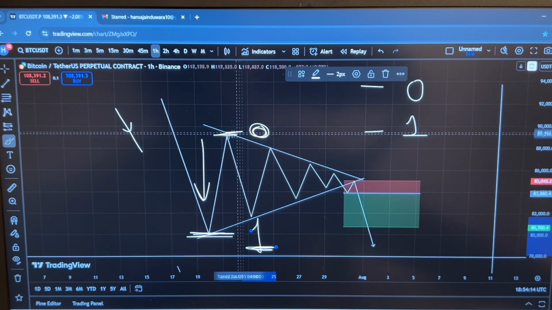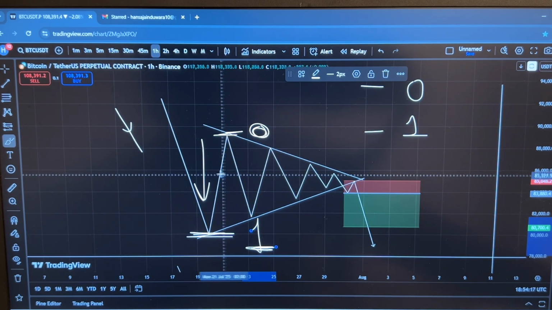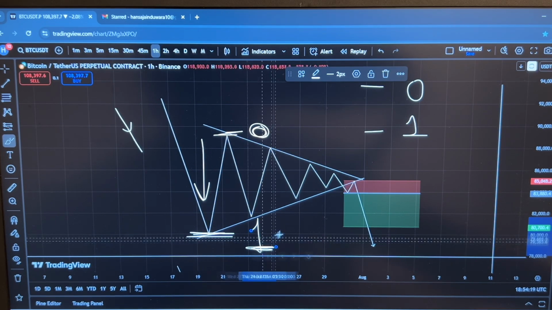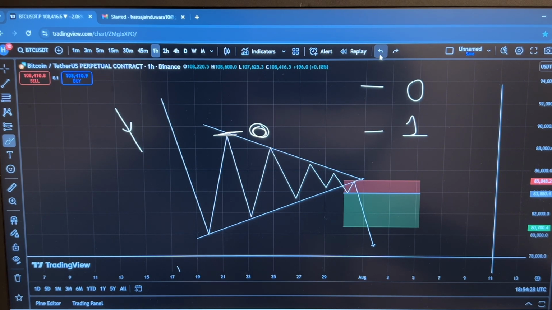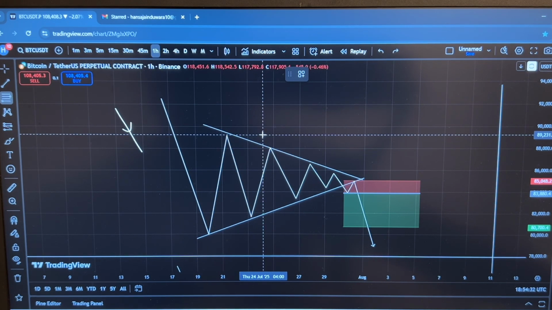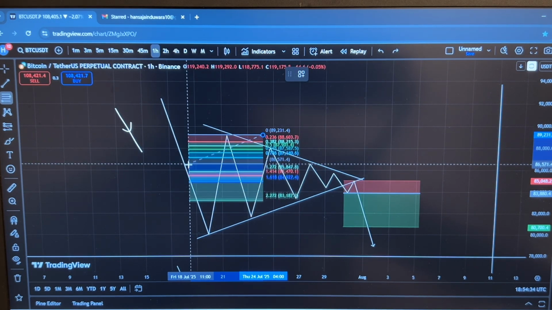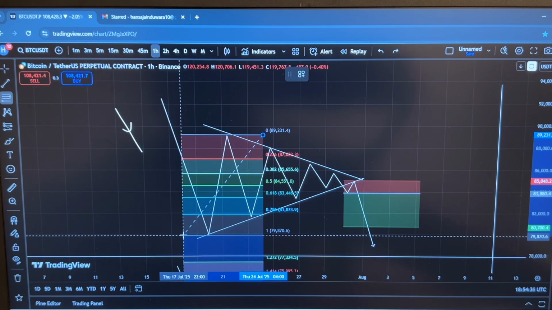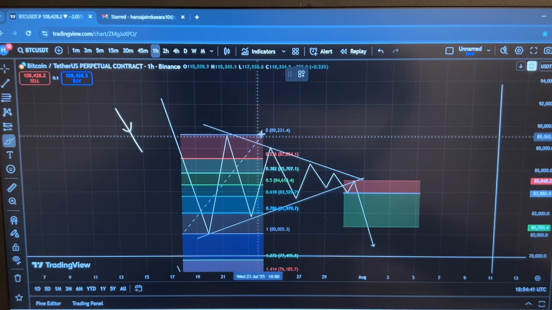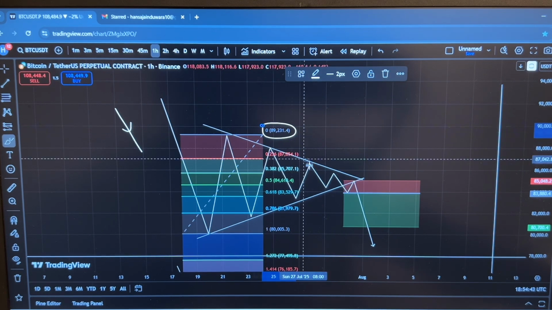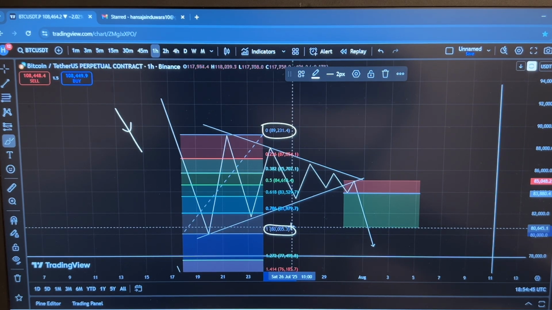So the first high is going to be our zero level, and the starting low is going to be our number one level. So let's use the fib tool. Like I was saying, we start from here and drag it out here. As you can see, the zero level is here and the number one level is here.